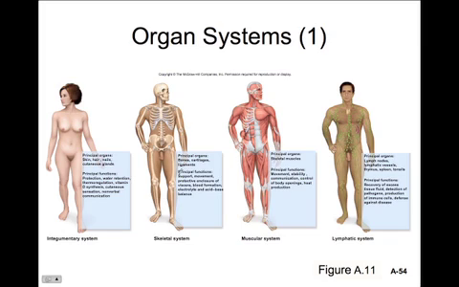We're going to investigate each of these systems one by one as we move through the next 2 semesters. This semester, we'll explore the integumentary system, the skeletal system, the muscular system, and the nervous and endocrine systems.